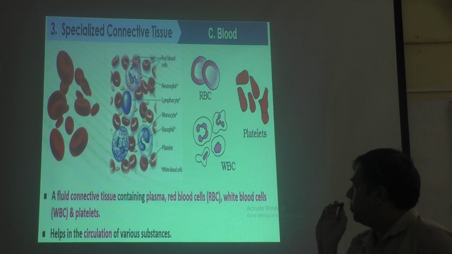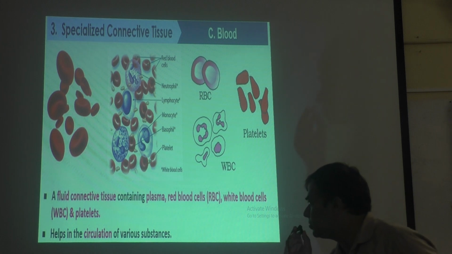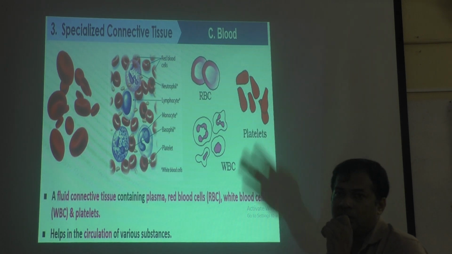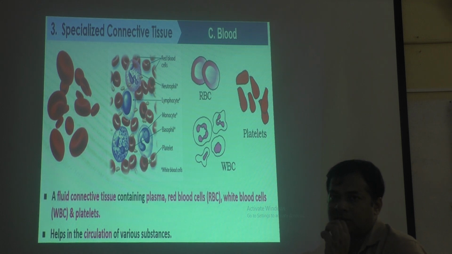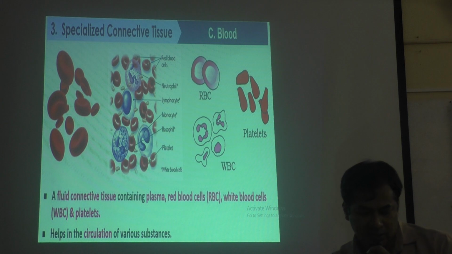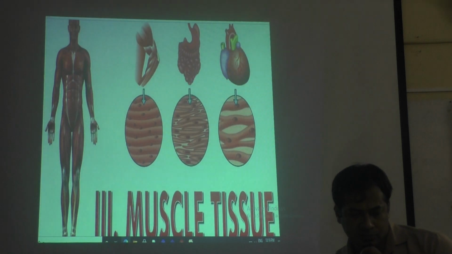Then red blood corpuscles, white blood corpuscles and platelets, thrombocytes will be there. It helps in circulation of various substances. Some hormones produced by endocrine glands also are circulated through blood only. So many substances are circulated by blood. So it connects all the parts of the body. So it's a liquid connective tissue.